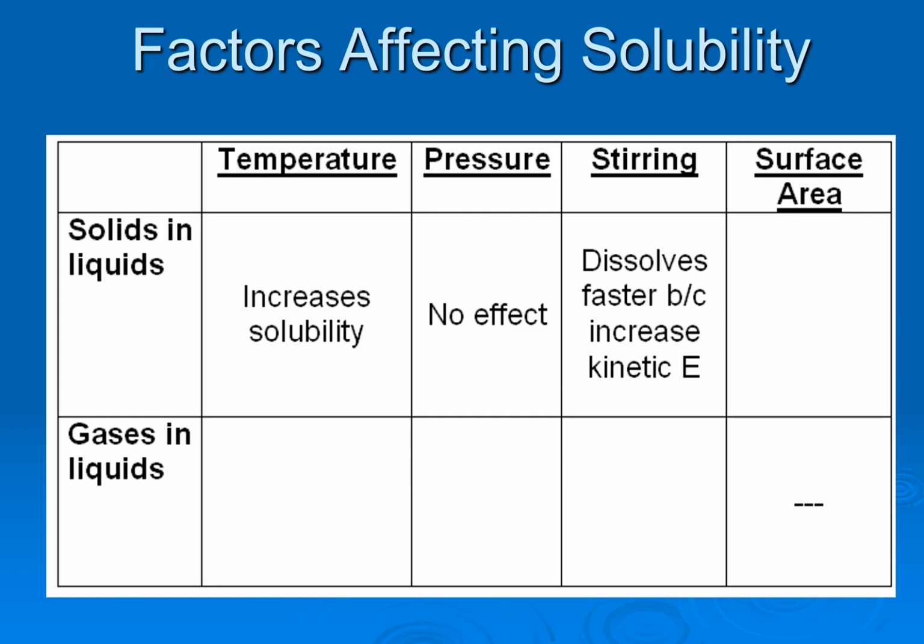Stirring works because it's increasing the kinetic energy, or it's increasing our motion. We talked about kinetic energy in Unit 9, the energy of motion. So if your molecules are moving faster and they bump into each other more often, then they're going to dissolve.